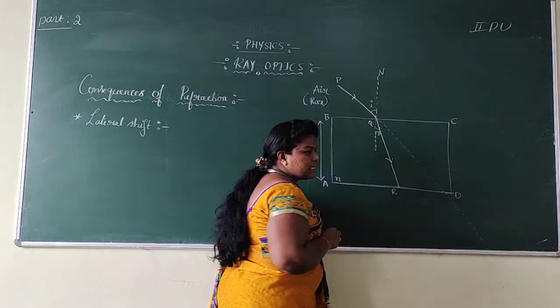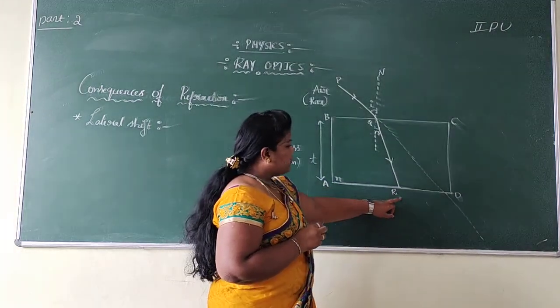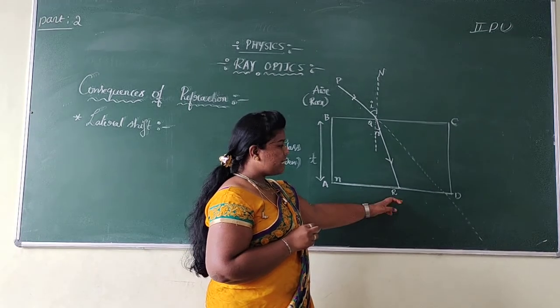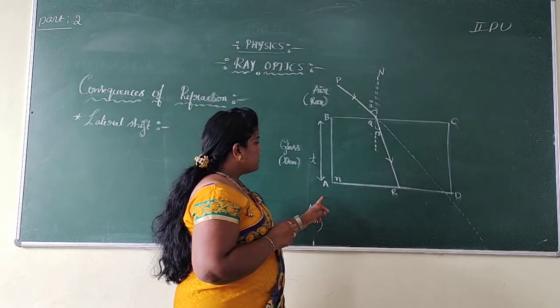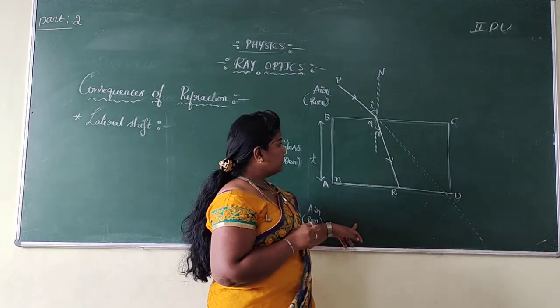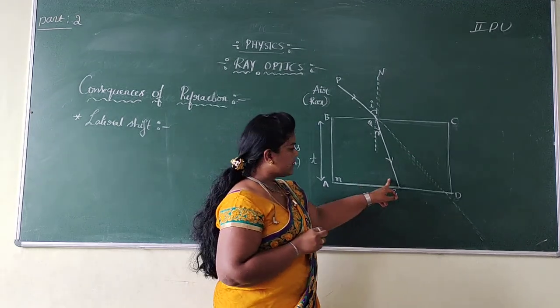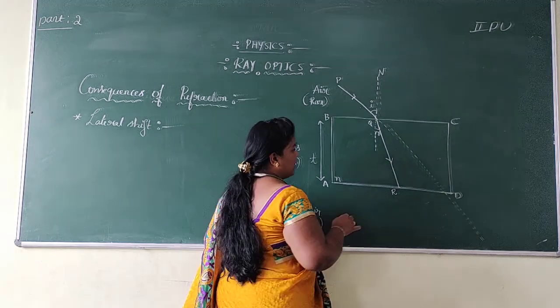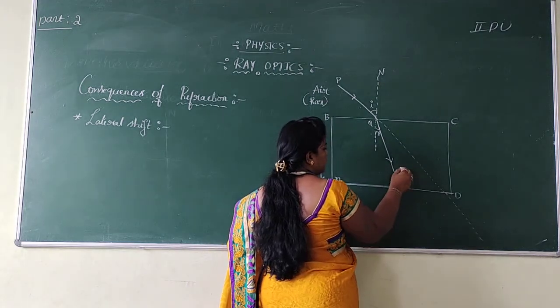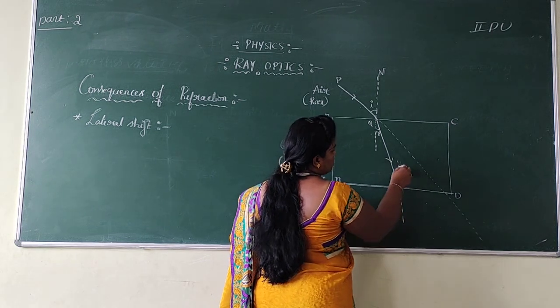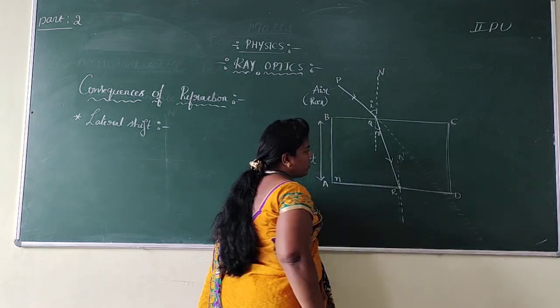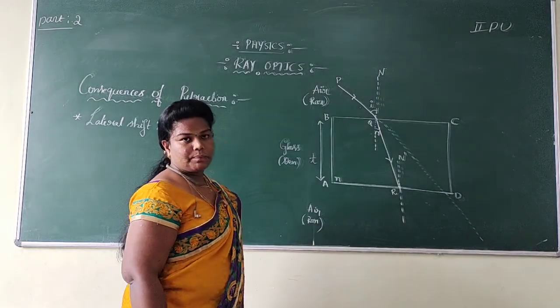Now observe carefully. The refracted ray is going to meet the second surface of the rectangular glass slab. AD is the other parallel side, and on that side this ray falls. At this point of incidence, I draw another normal, and name it N dash.